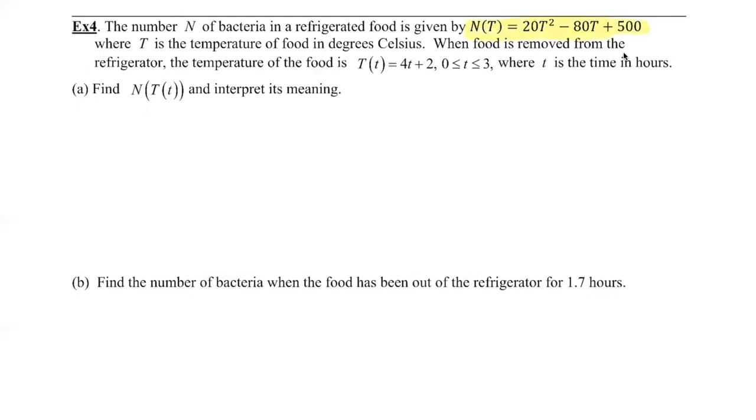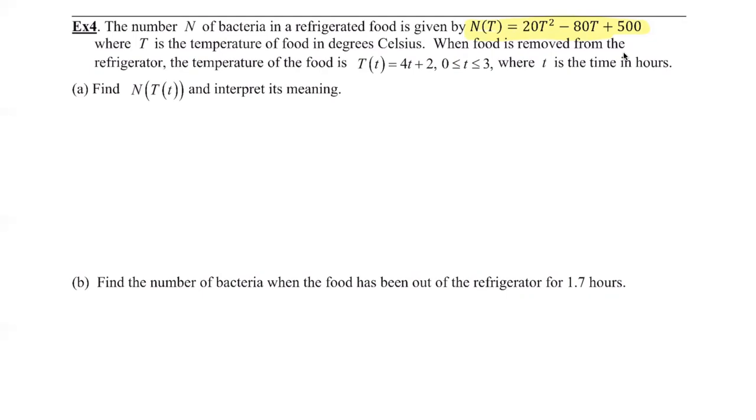Next, when food is removed from the refrigerator, the temperature of the food is going to increase, right? If you remove food from the refrigerator and place it on a tabletop, the temperature is going to go up, and we can describe it. Big T of small t, where small t is the time, is equal to 4t plus 2.